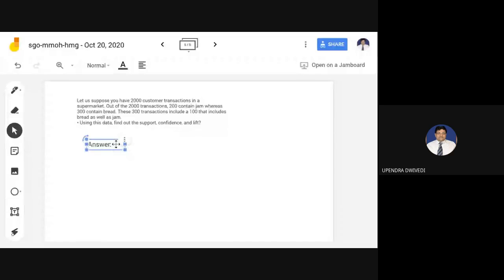Let me create the first item set. So what will be the item set here? Jam, bread. Okay, there are two item sets, jam and bread. Jam, bread, jam comma bread.